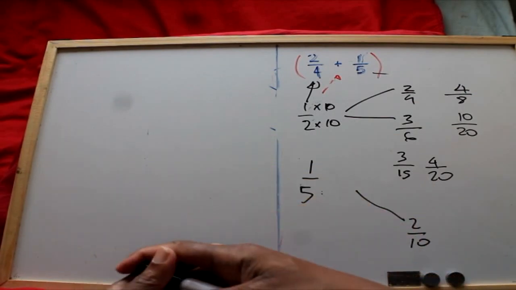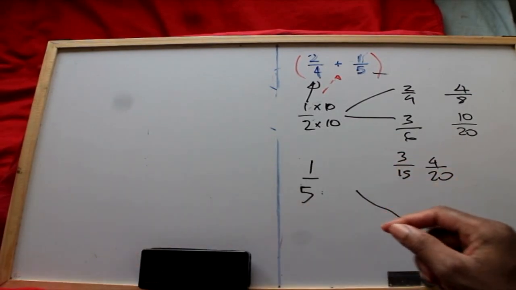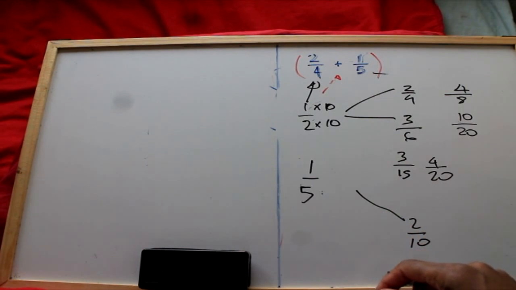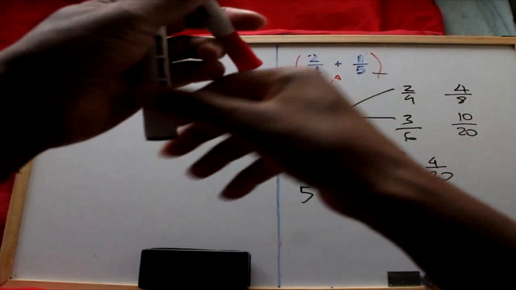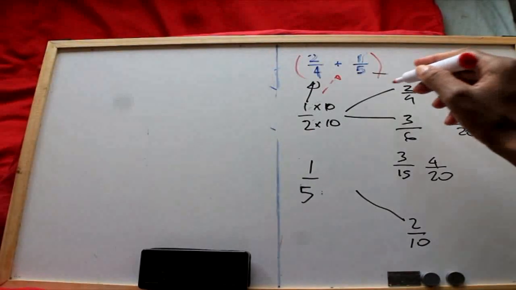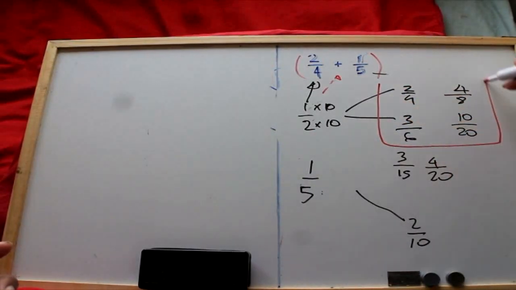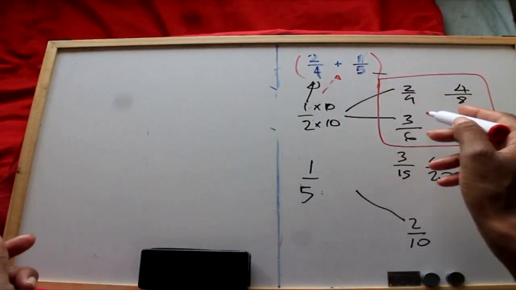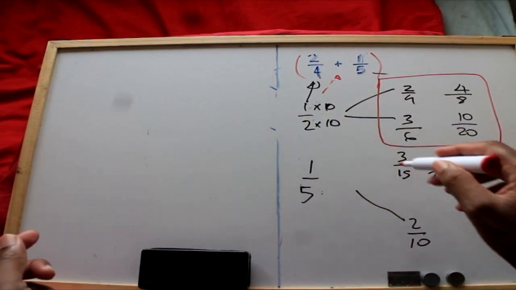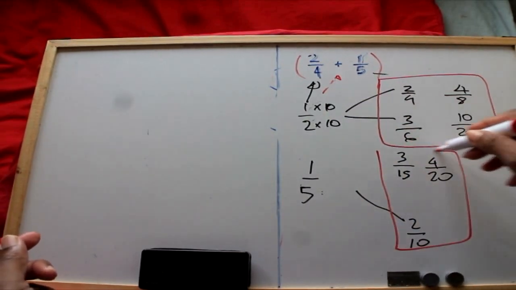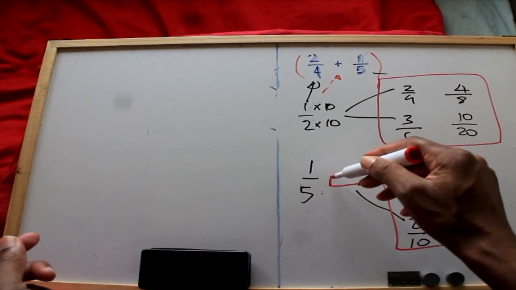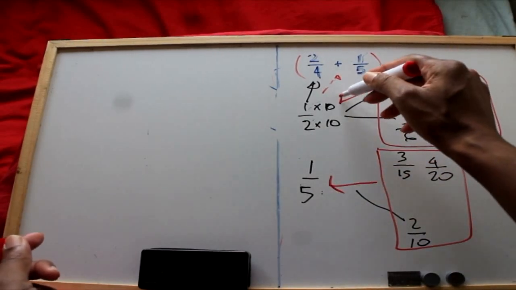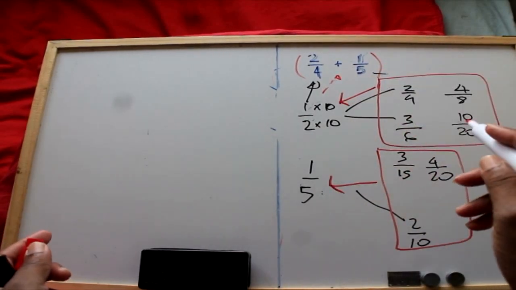Now if you look carefully, you can see that all of these fractions are equivalent fractions to 1 over 2, and all of these fractions are equivalent fractions to 1 over 5.